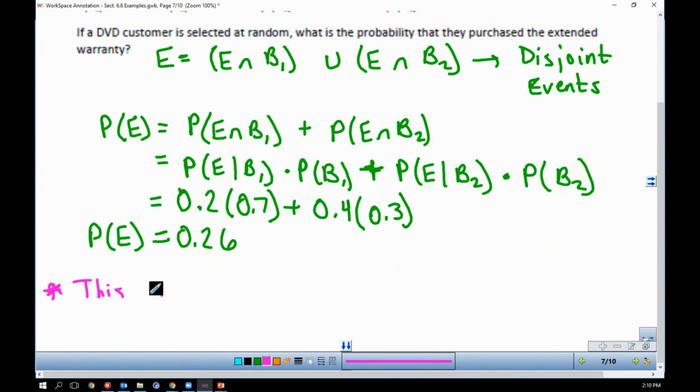So this is an example that we just did. The law of total probability.